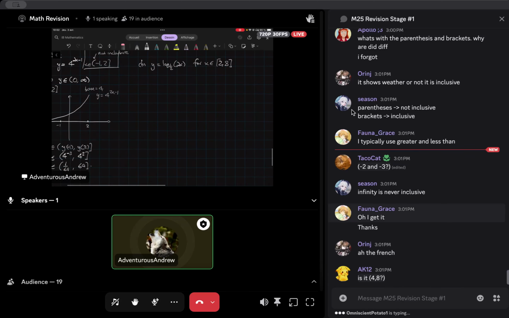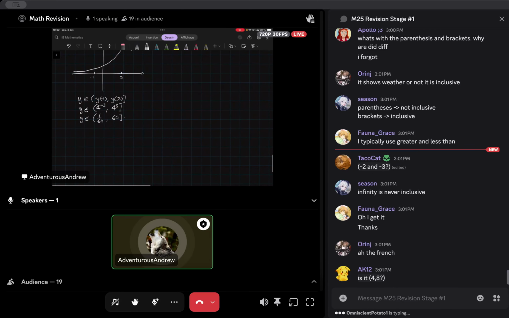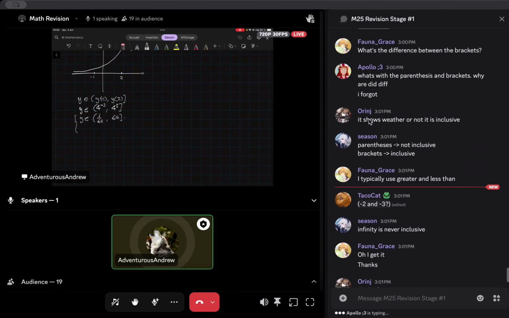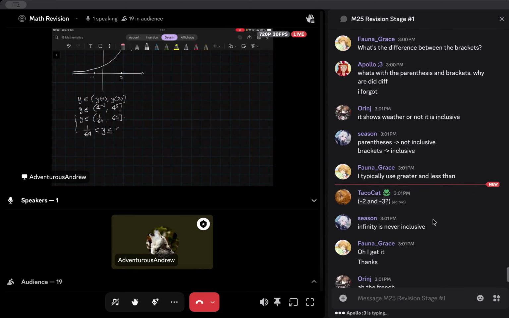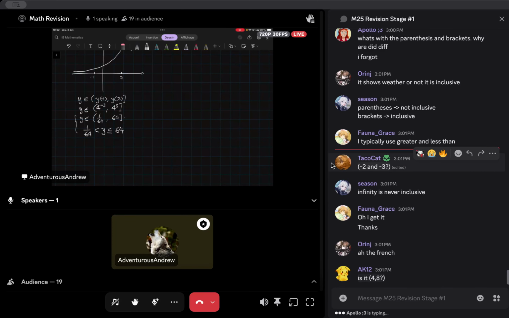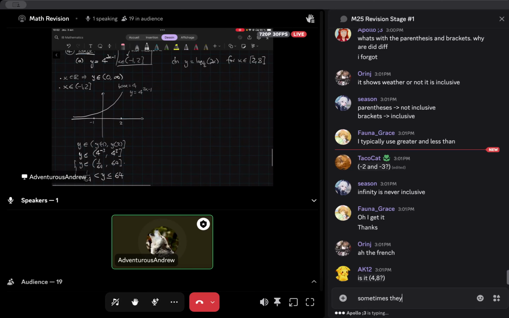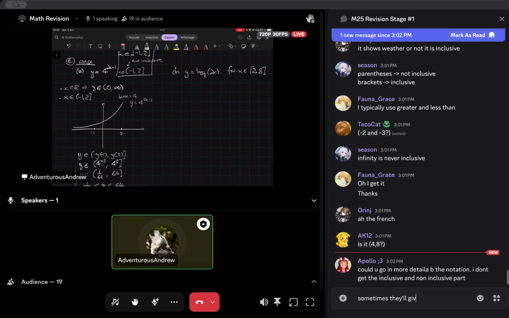But of course, when you're giving your final answer, just a side note, you can write like this. That's perfectly correct. You can also write this. Both notations are accepted. But you must be able to interpret.